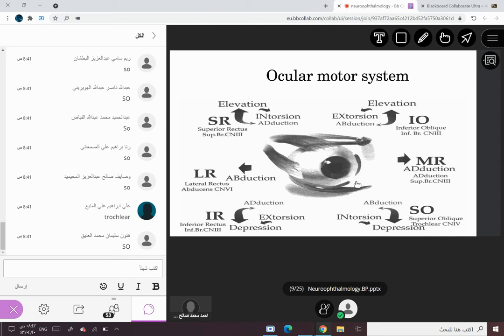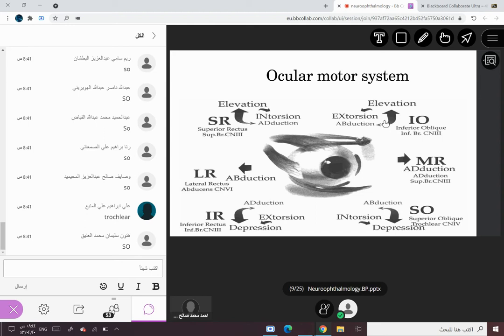The details of the physiology of the action, in relation to the gaze position, we will not discuss. But you have to know the most important thing, the action.